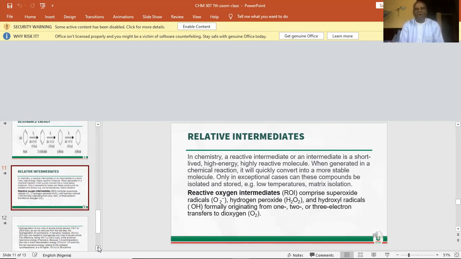So mostly the intermediates are also things you can refer to as resonance. At that intermediate state, they are carrying some radicals, and most of the time they can be resonating to one another.